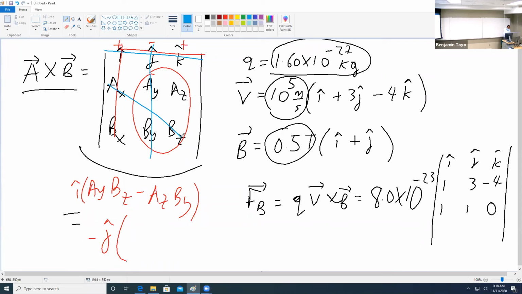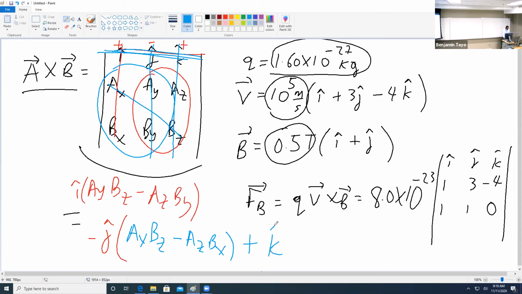So this would be AX BZ minus AZ BX. And then finally, you take this row and this column, and you calculate that determinant, plus K hat into AX BY minus BX AY, something like that.